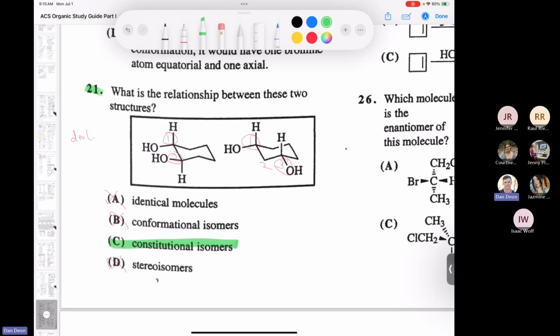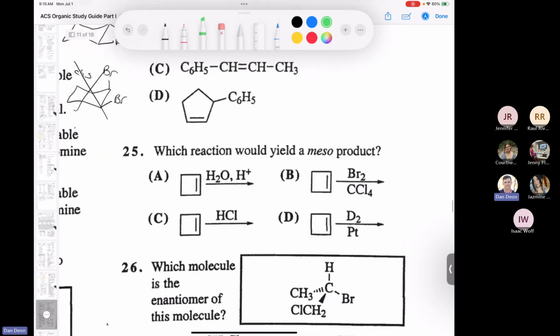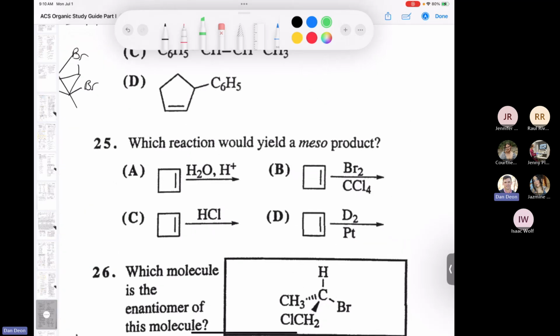Great. So what we're going to do is take a break. But if you want to, you could try to solve this next one, because I feel like it involves a little bit of work: figuring out which one of these reactions is going to give a meso compound. And when you see D2, it's similar to H2, it's just that you put deuteriums in.